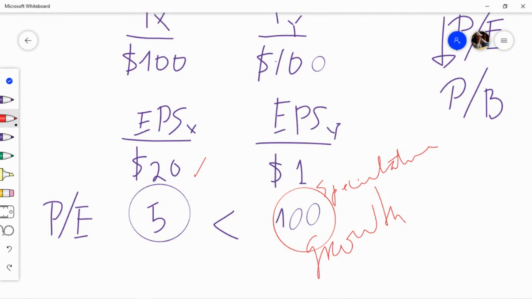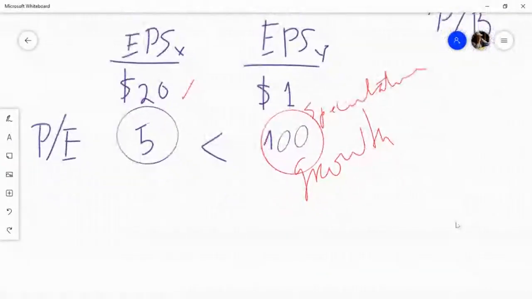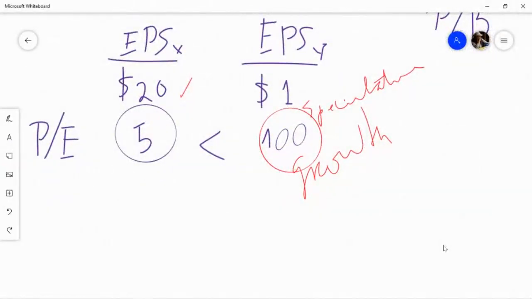But again, I said this in Finance 300. There are two camps in finance: the camp that champions low price earnings ratio and the camp that champions high price earnings ratio.